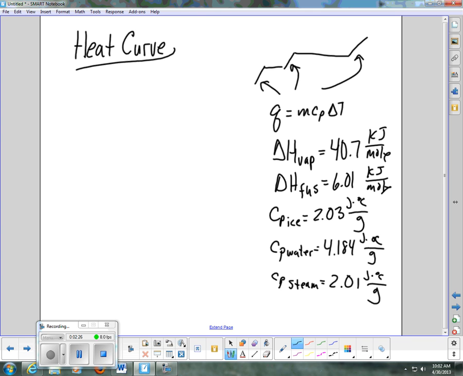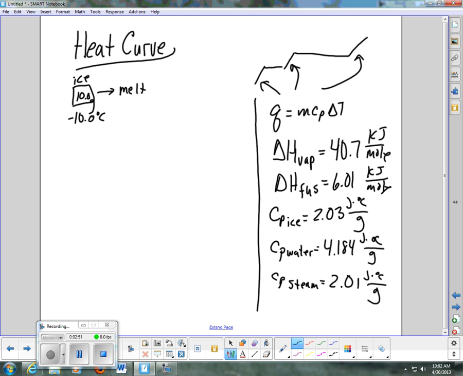So first up, I'm going to start with a simple problem, because we want to do simple before we go more complex. We're going to start with a cube of ice, and it's 10.0 grams. I'm just going to melt it. I'm going to start with the ice at negative 10.0 degrees Celsius.